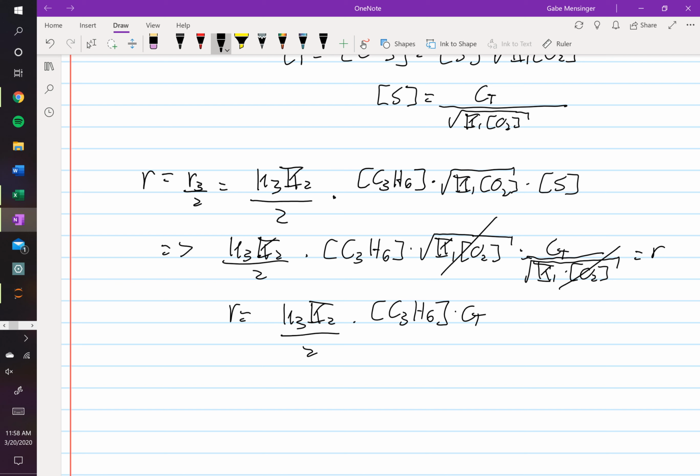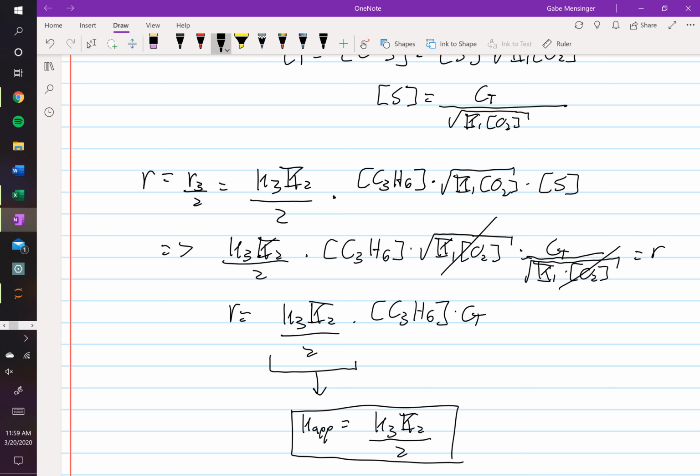And there's our reaction rate. So K apparent is equal to K3 K2 times 2. It's the culmination of our reaction rate constants.